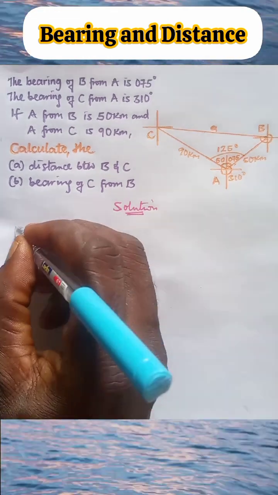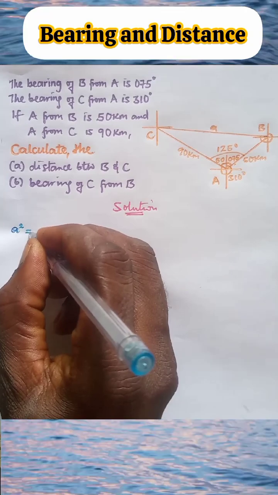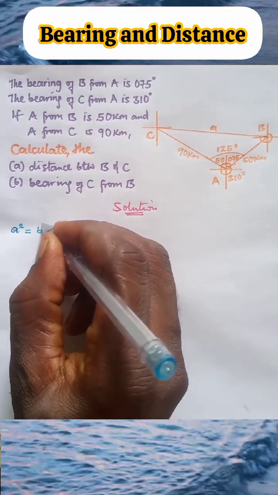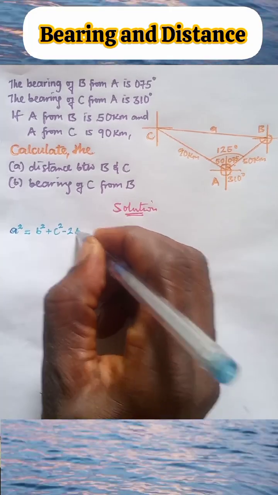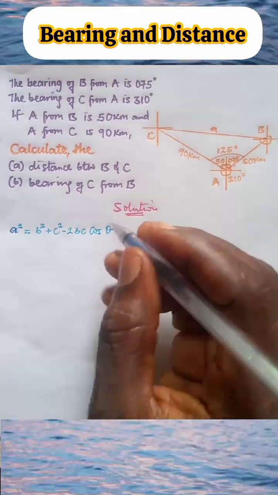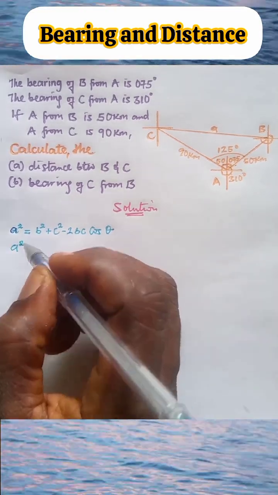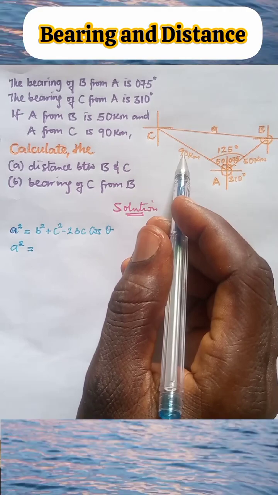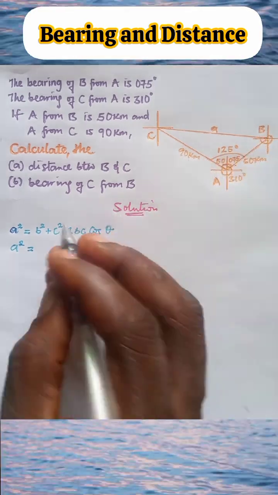We have that A squared is equal to B squared plus C squared minus 2BC cosine theta. This is the cosine formula. So we have A squared equal to B, which is this line 90 that is opposite the angle B. So our B is 90.